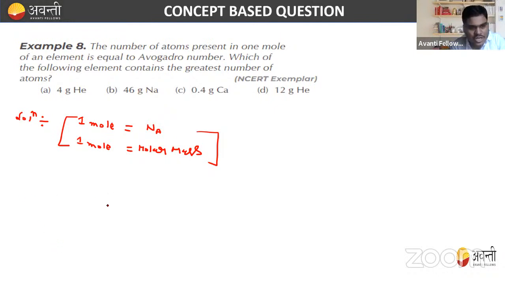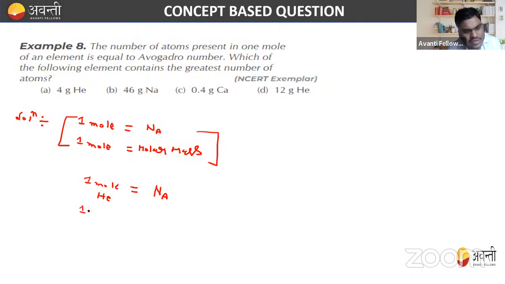For example, if I'm talking about 4 gram of helium, we know that 1 mole of helium contains the Avogadro number, that is Na. Let me write again, this is Na.